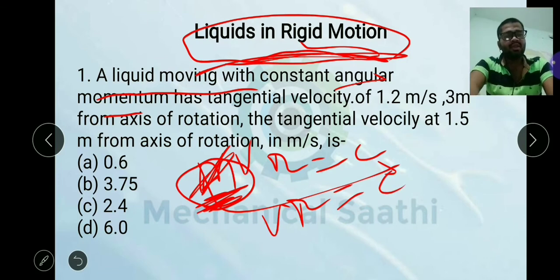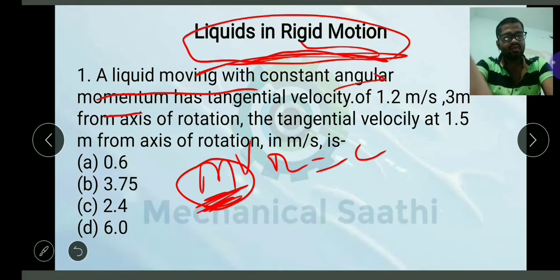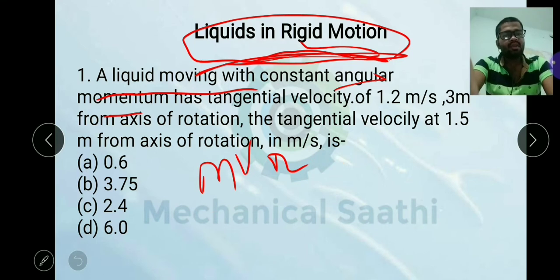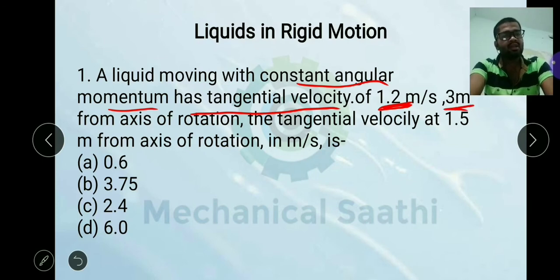So what is it telling here? Angular momentum is constant, and it has a tangential velocity of 1.2 meter per second at 3 meter from the axis of rotation.